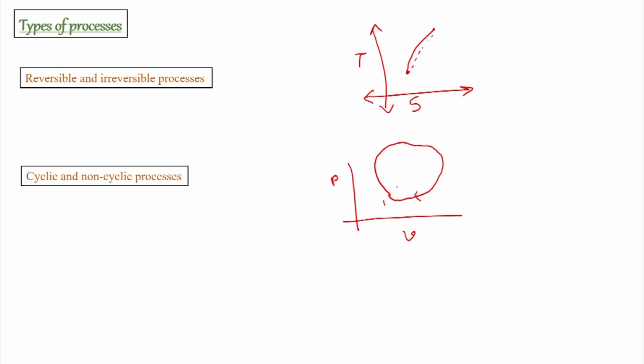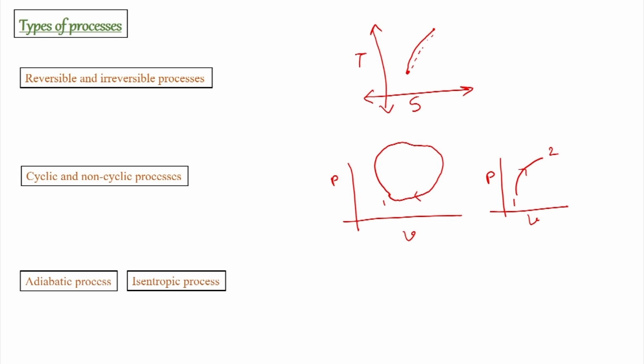Since the system has come back to the original state, it is called a cyclic process. If the system doesn't come back to the original state 1, and goes to state 2 and does not come back to state 1, then this is a non-cyclic process.